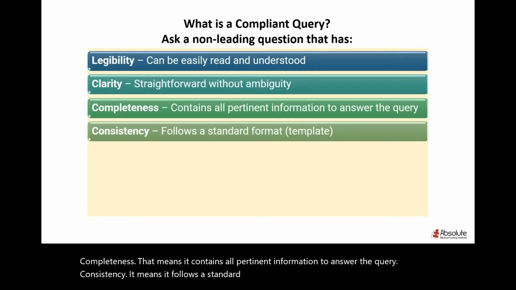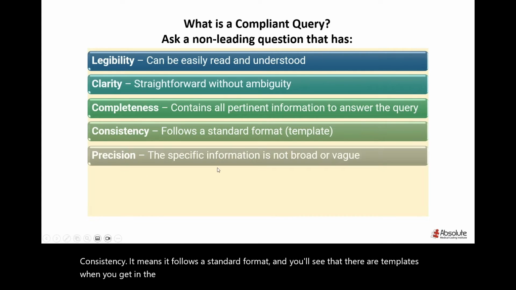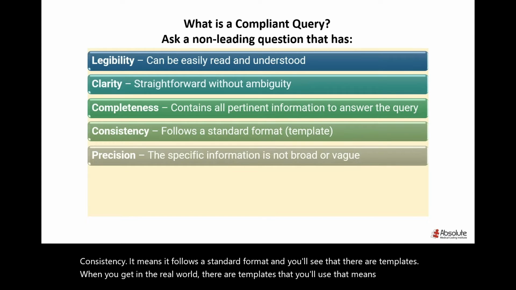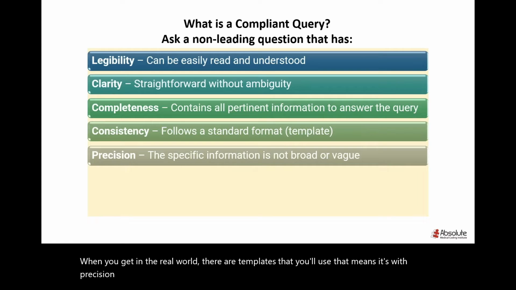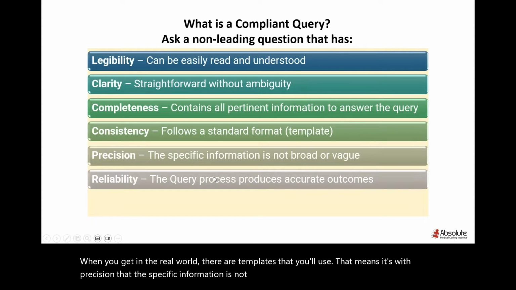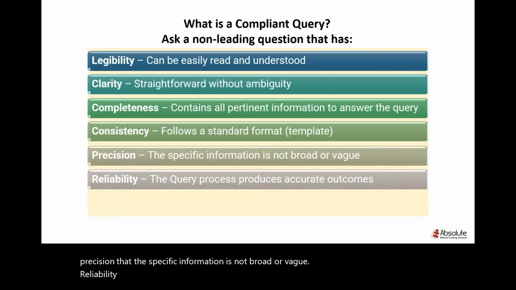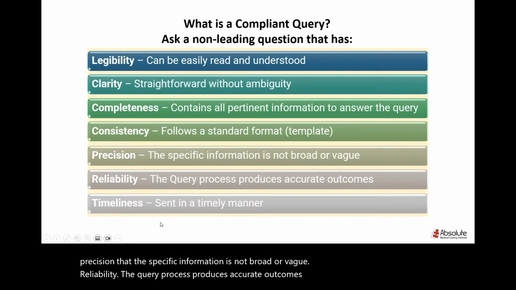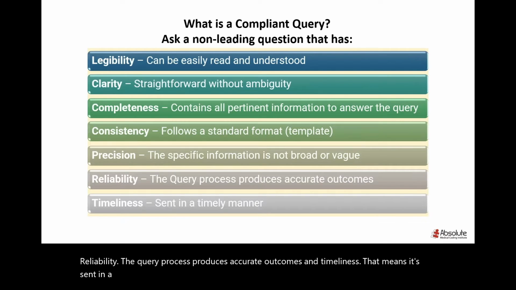And you'll see that there are templates. When you get in the real world, there are templates that you'll use. Precision means that the specific information is not broad or vague. Reliability, the query process produces accurate outcomes. And timeliness, that means it's sent in a timely manner.